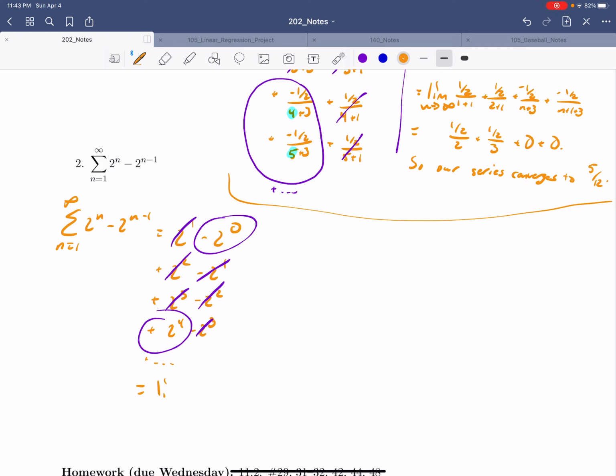This is going to be the limit as n approaches infinity. Well, the nth term looks like it's negative 2 to the 0 plus 2 to the n. Again, we're replacing, this should be clear. On the fourth term, we had 2 to the 4th. On the nth term, we have 2 to the n. And this limit is infinity.